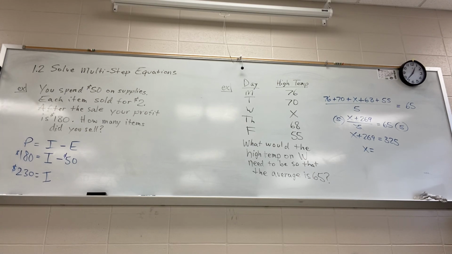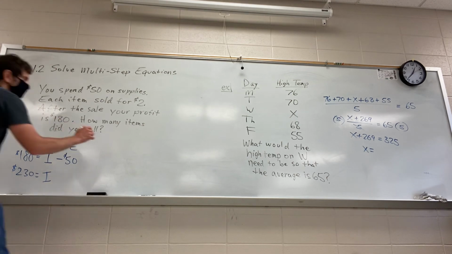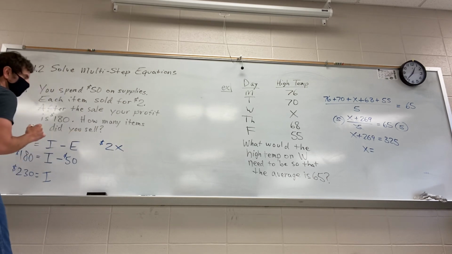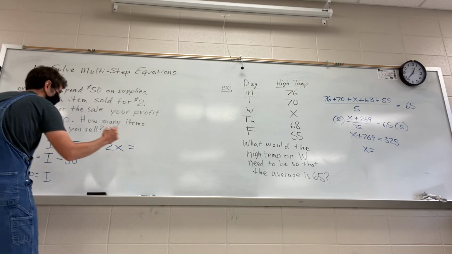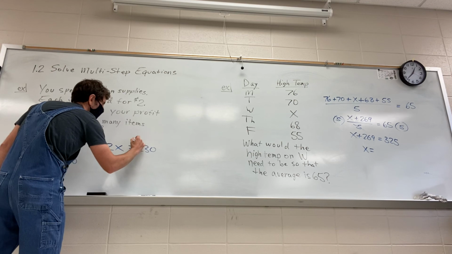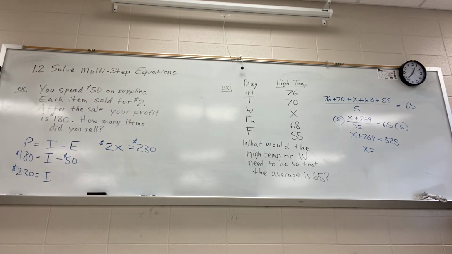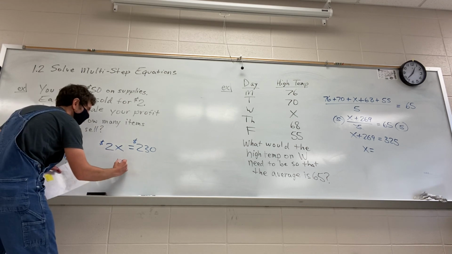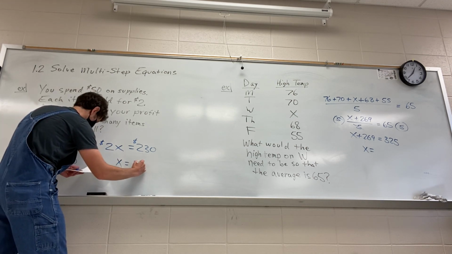So we brought in $230, which means if it's $2 for every item that we sold, that's got to be equal to $230. So we got our second equation to solve here. How many items did we sell? 115.